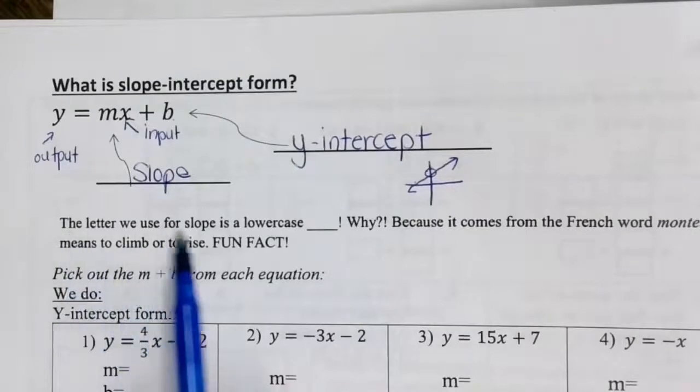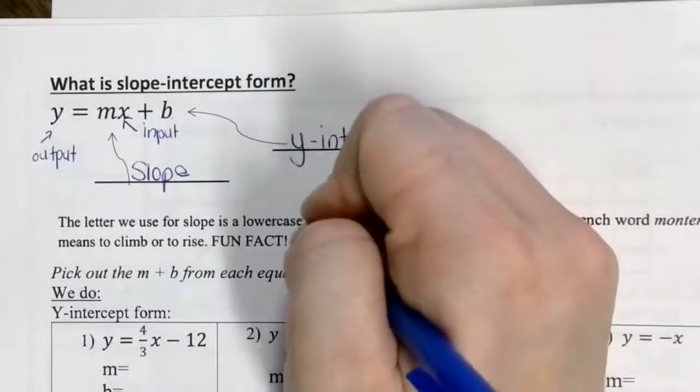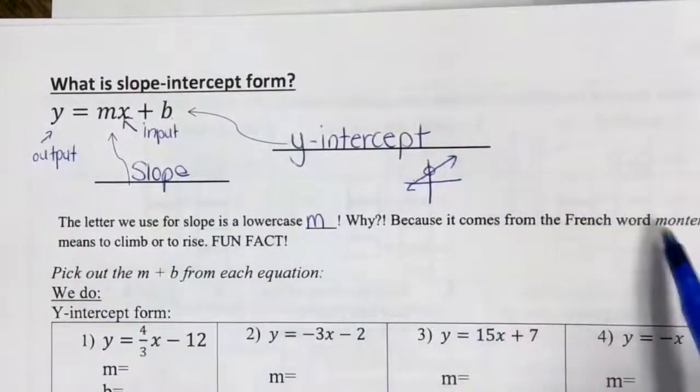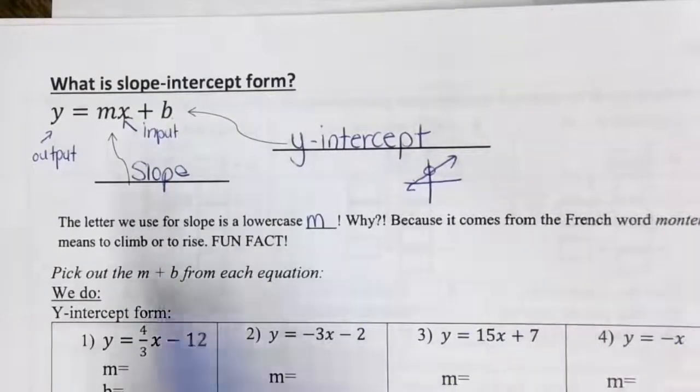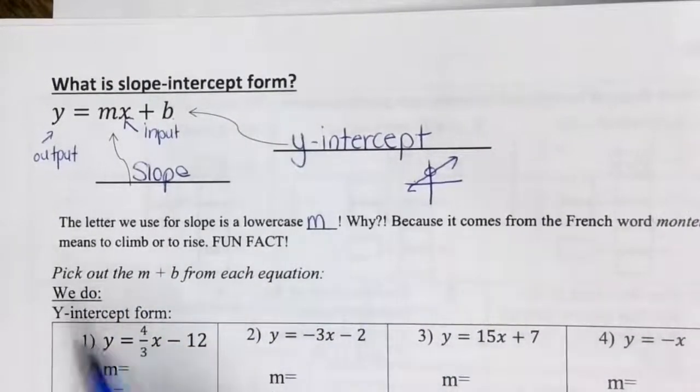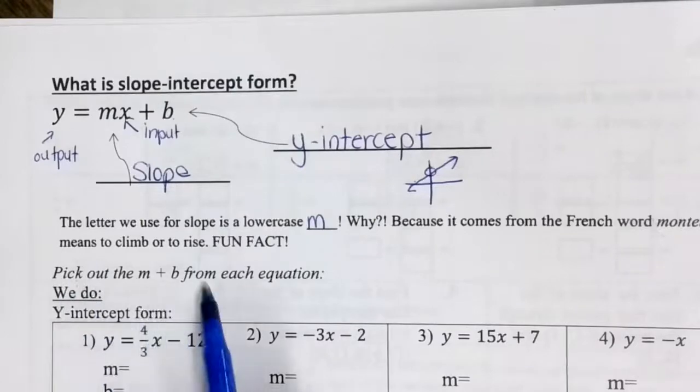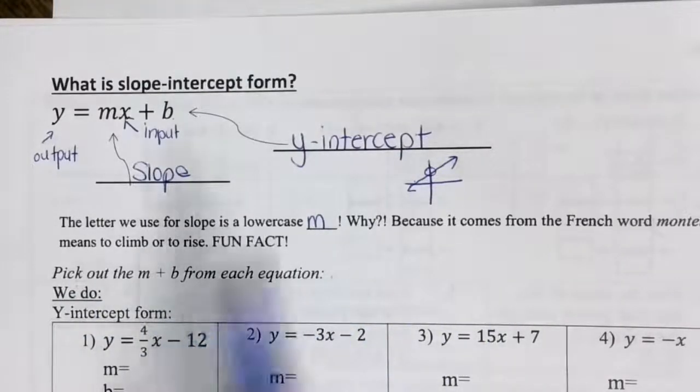The letter we use for slope is a lowercase m, because it comes from the French word monter, which means to climb or to rise. So you pick out the m and b from each equation right here. This is the number next to the x.